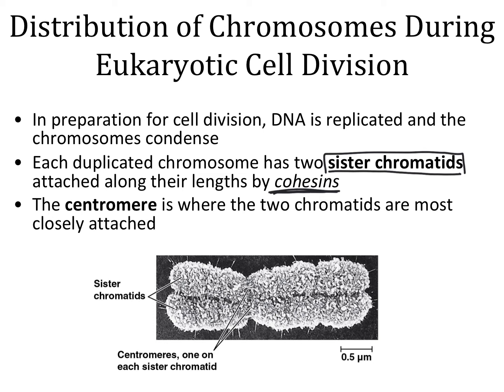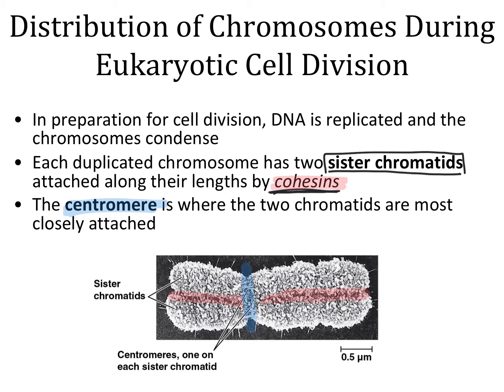So let's look at the cohesins really quickly. So the cohesins are going to be in this area here so that the two chromosomes stay attached to each other, okay? And then you have something called the centromere. The centromere is where the chromatids are most loosely attached, and that's going to be the band that goes this way, okay?